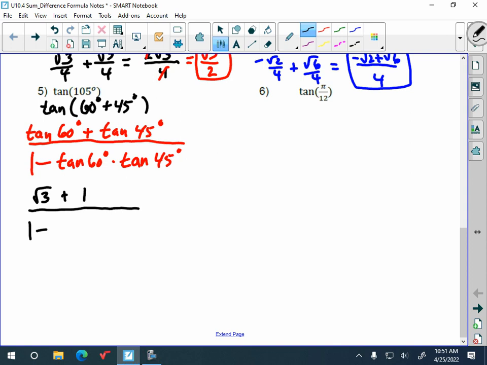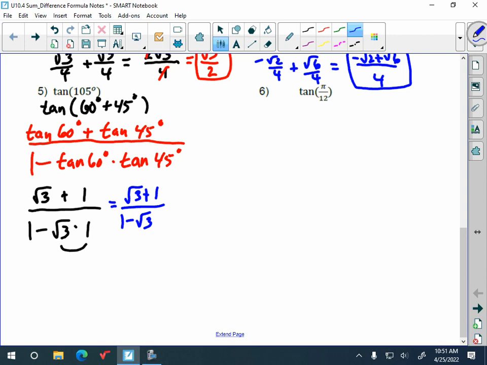Divided by 1 minus tangent 60, root 3 again, times tangent 45, which is 1 again. We can multiply the root 3 and the 1 together. That's just going to stay root 3. So we have root 3 plus 1 over 1 minus root 3.